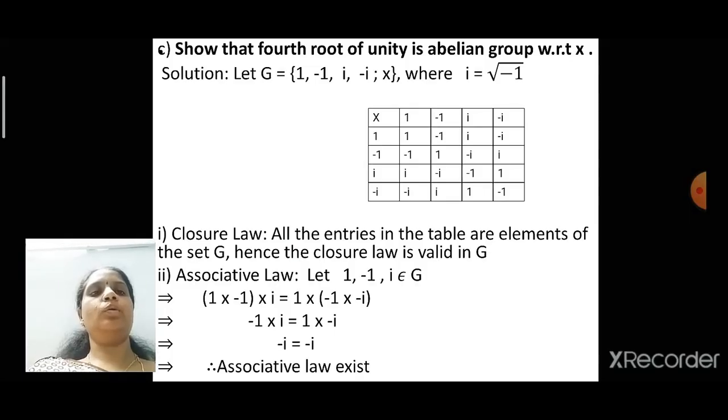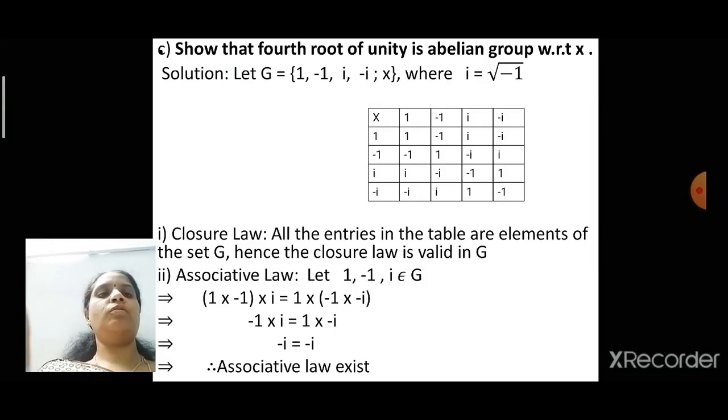In the third row, we got 1 with the multiplication of minus 1 and minus 1. In the fourth row, we got 1 with the multiplication of i and minus i. In the last row, we got 1 with the multiplication of minus i with i.